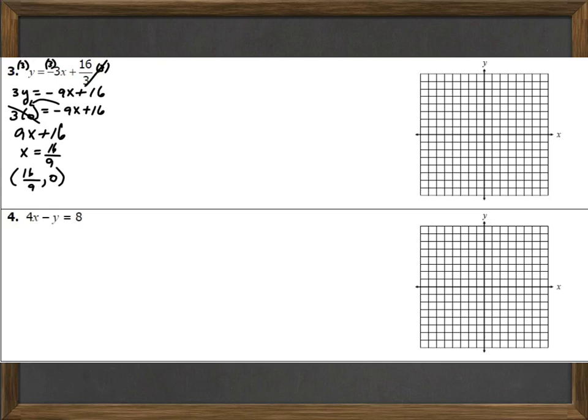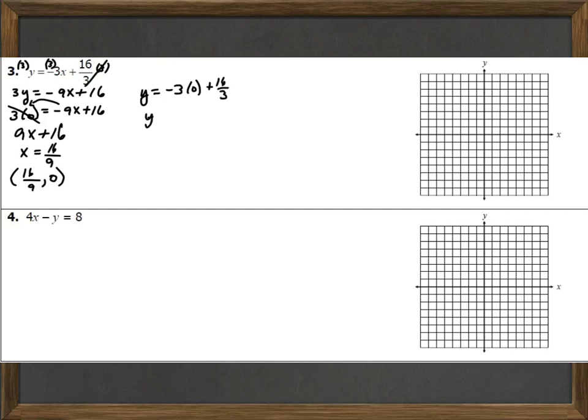Okay. For our y-intercept, I can say y equals negative 3 times 0 plus 16/3.